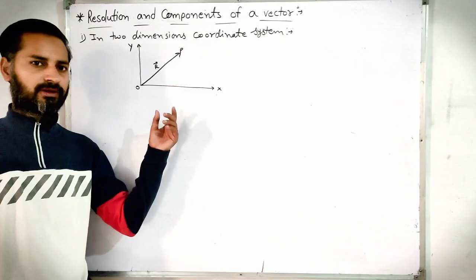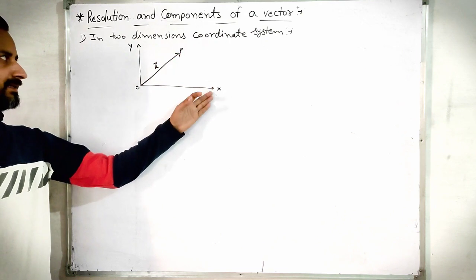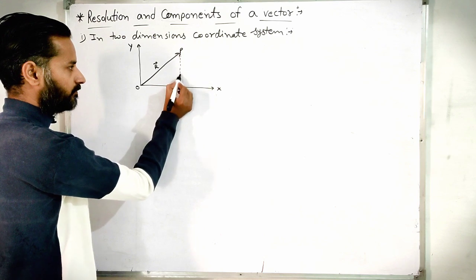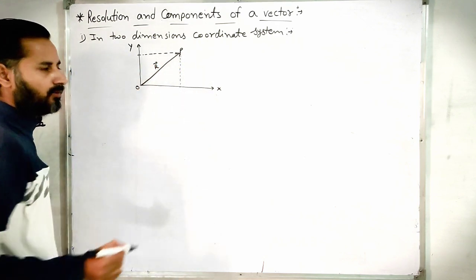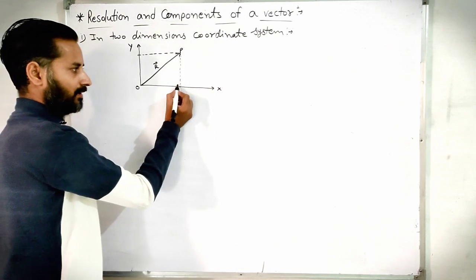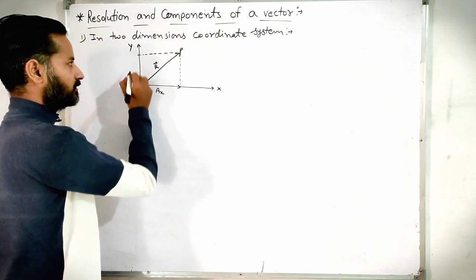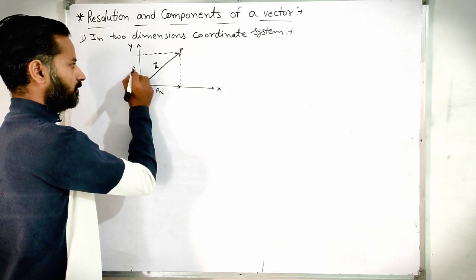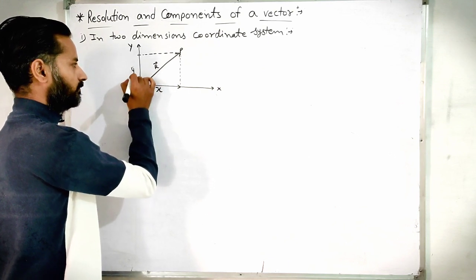For finding the component, we'll drop perpendiculars from P on the x-axis and y-axis. By this, we will get the x value and y value of the point P, and let the values be ax and ay, or just x and y.